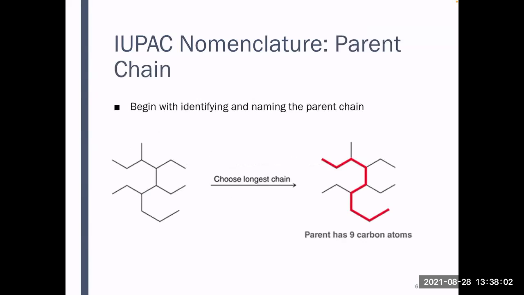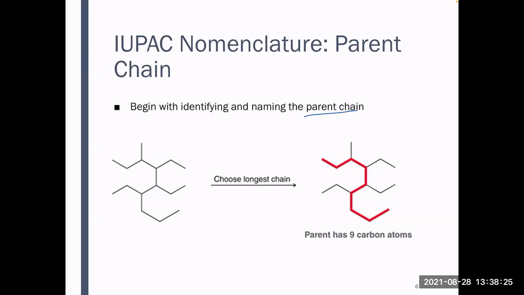So the first thing you've got to do when you're naming is identify the parent chain. And the parent chain is the chain with the highest number of carbons. So if you're looking at this molecule here, you would want to go through and find the longest chain of carbons I could find. And in this case, it's 9 carbons.